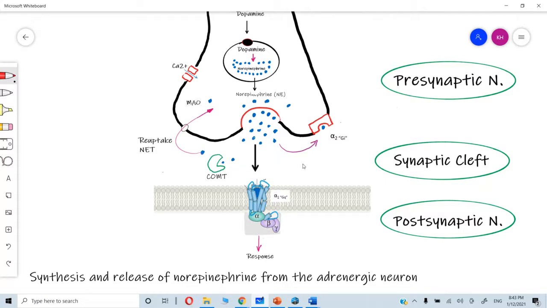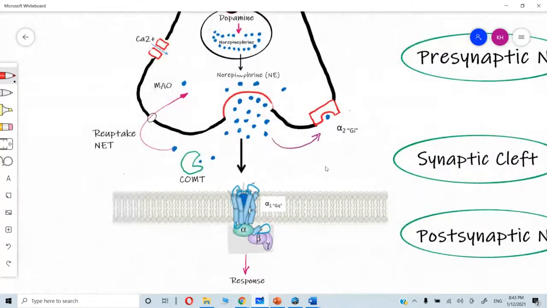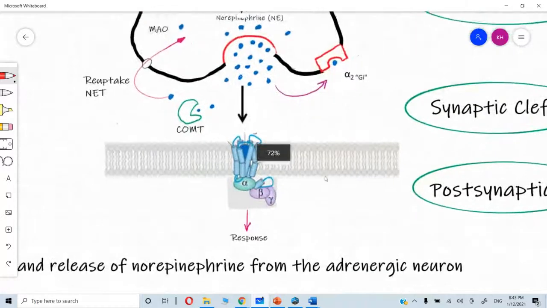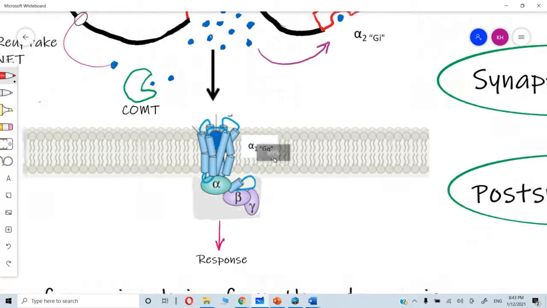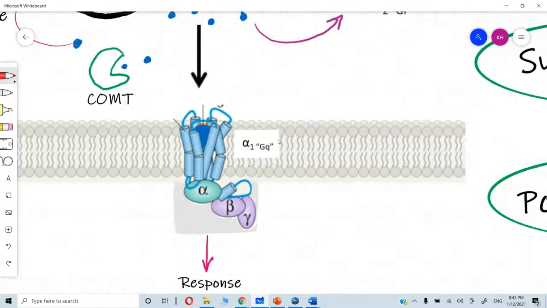If we look a little closer, the alpha-1 receptor works through activation of a G protein called Gq protein.